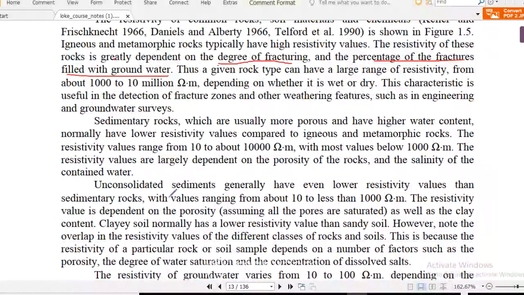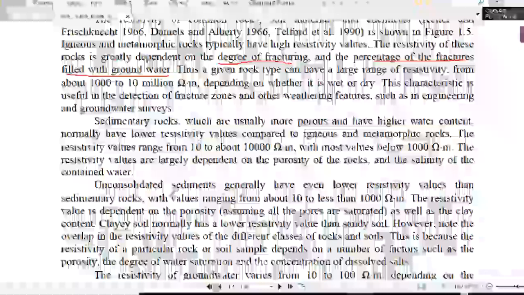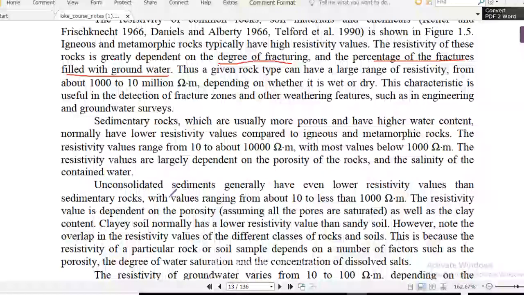Sedimentary rocks, which are usually more porous and have higher water content, normally have lower resistivity values compared to igneous and metamorphic rocks.